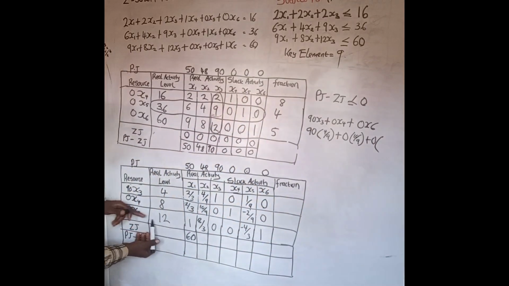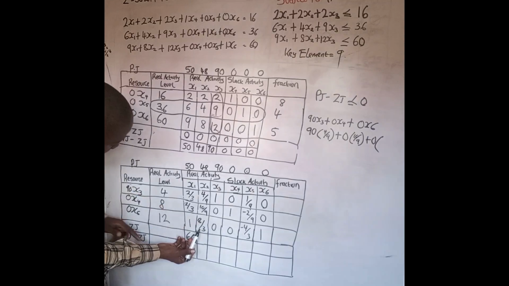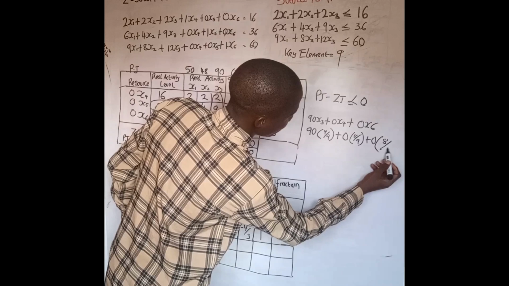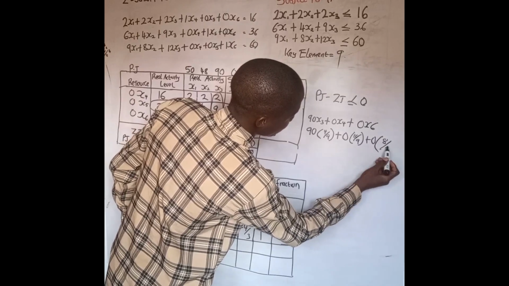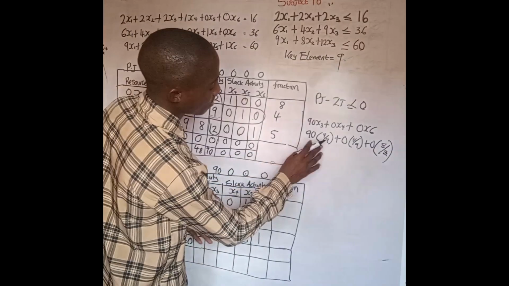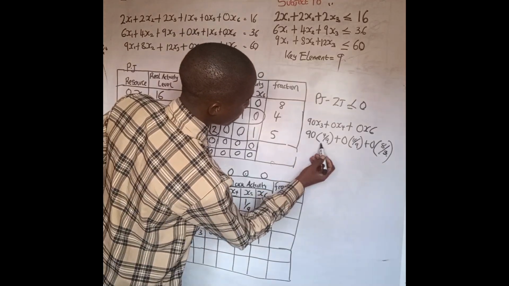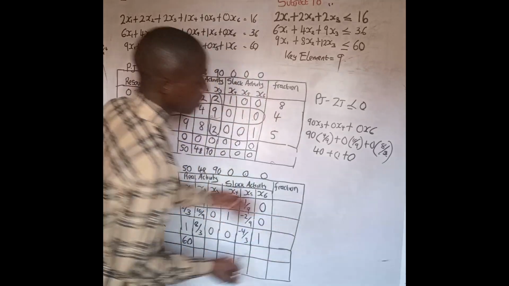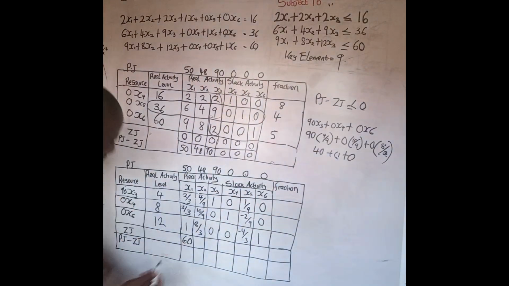Now you are going to trace the corresponding element that belongs to column x2, that is 8 over 3. So 0 into bracket 8 over 3. If you punch your calculator, 90 multiplied by 4 divided by 9, that is 40. 40 plus 0 plus 0. So the value of PJ in this column is 40.